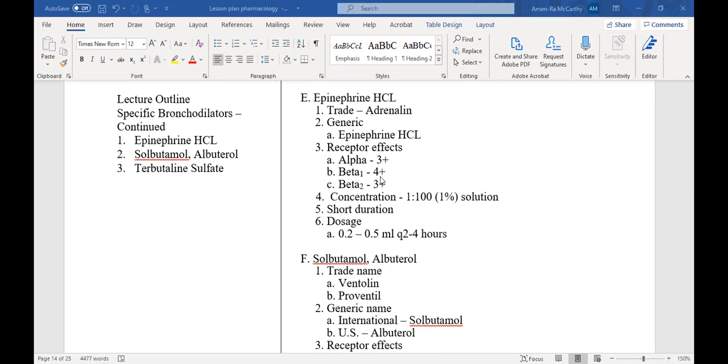Beta 1 +4, massive heart effects. And beta 2 +3. So not only is the liquid epinephrine going to give me massive vasoconstriction and massive beta 1, which is heart effects, strength and heart rate, it's also going to give me a moderate amount of bronchodilation, but I'm not going to take it for that. We're taking liquid adrenaline or epinephrine HCl for people who are about to die, okay?